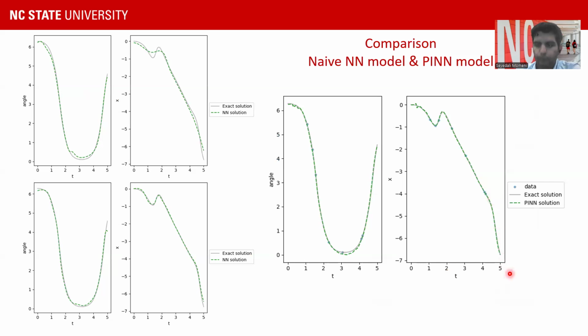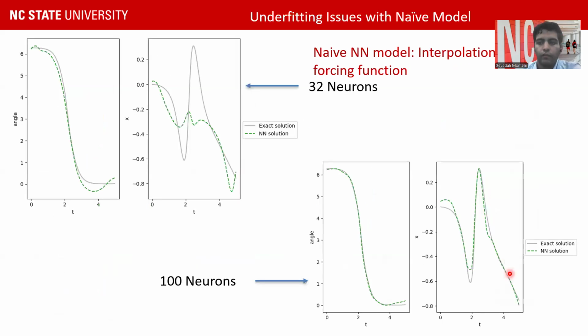here or over here. In the naive neural network, we had an underfitting issue when we have an interpolation of the forcing function. Here, with 32 neurons, it didn't go well, but with 100 neurons, it did well, as you can see.